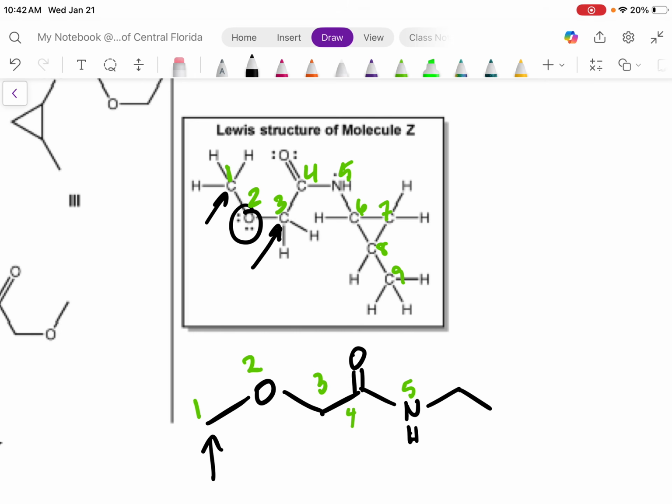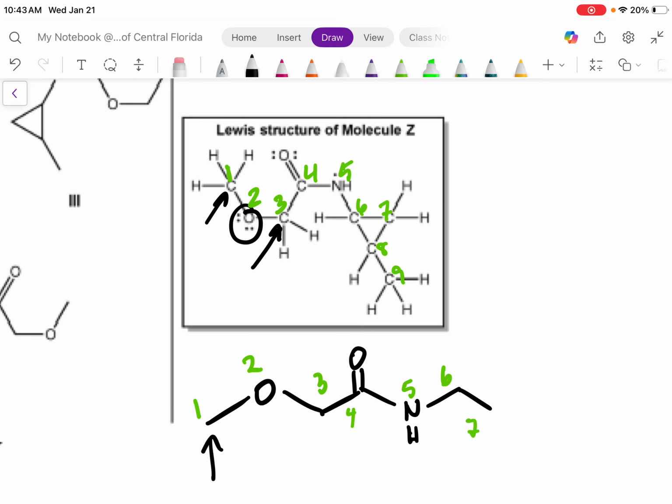Wait. What am I... That would be carbon 6. And then carbon 7. But what do we have here?